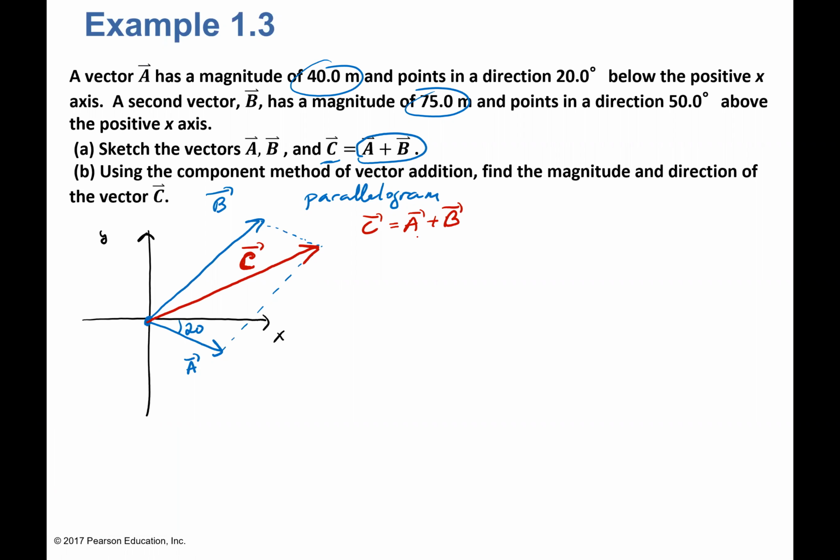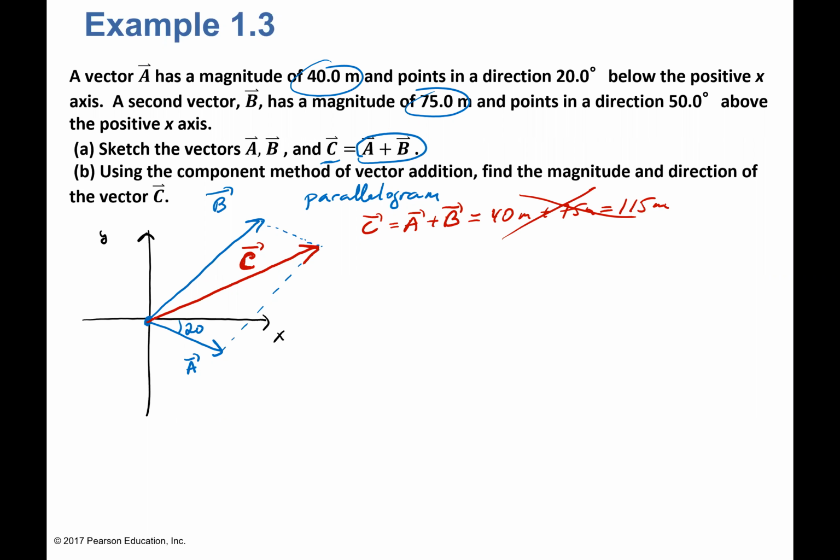All right, so now our goal for part B is to use the component method of vector addition and find the magnitude and direction of vector C. Remember, if I try to do this, right, 40 meters plus 75 meters equals, I don't know, like 115 meters, well, this would be completely wrong, right?